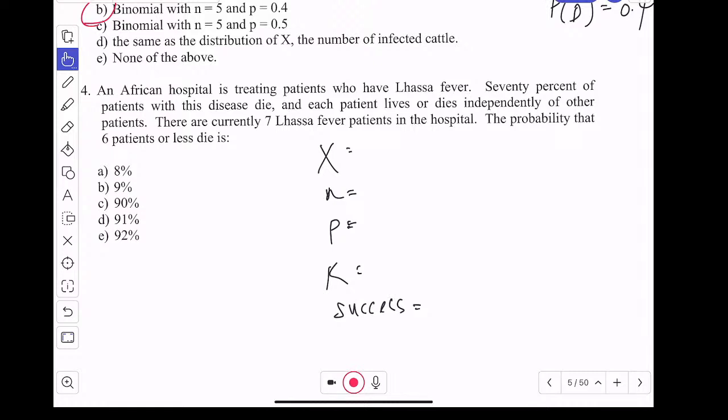Okay, so what is X here? So I look for what I'm interested in from the question. Here's the question. The probability that 6 patients or less die. So I'm looking for death, unfortunately.